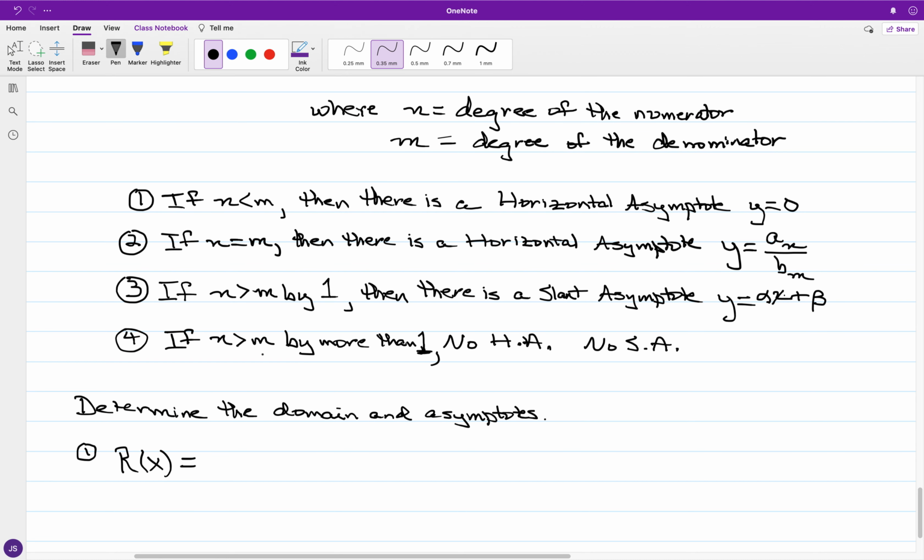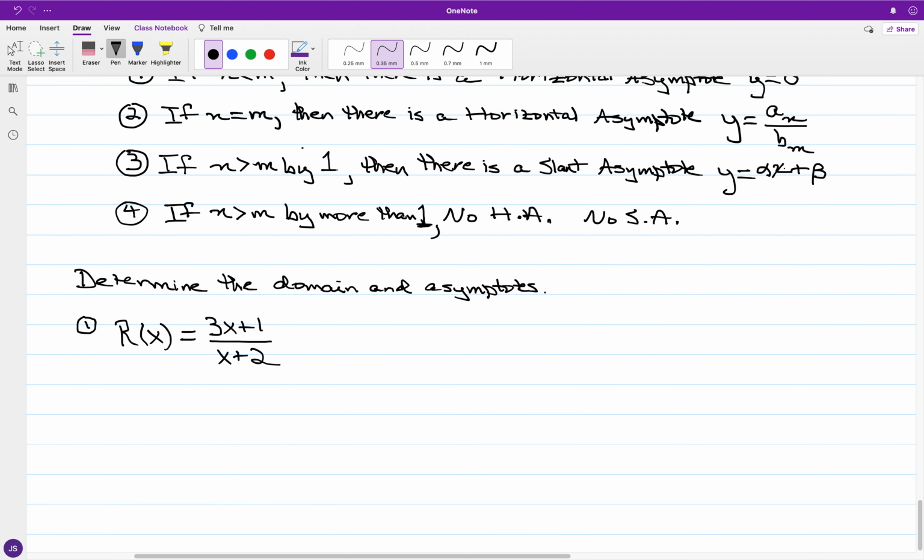So we'll say we have r of x is equal to 3x plus 1 all over x plus 2. So r of x is already in simplest form.